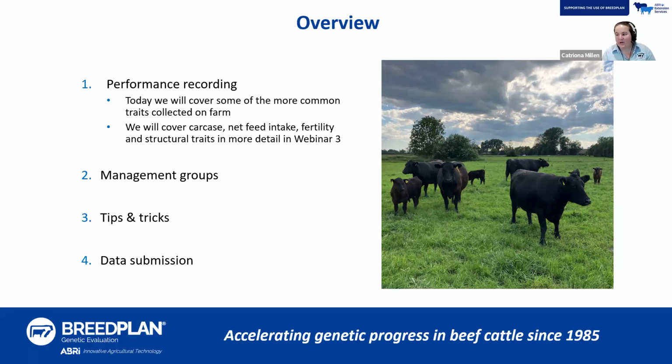So today we're going to focus on things like recording growth traits, ultrasound scanning, scrotal size, those sorts of traits, and we'll talk about some of the traits that aren't so commonly recorded next time. I'm also going to talk about management groups, when you should supply them. We'll finish with some tips and tricks and then just quickly cover data submission.